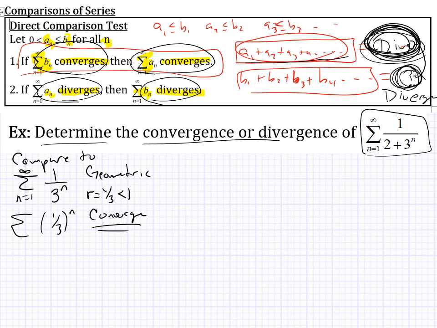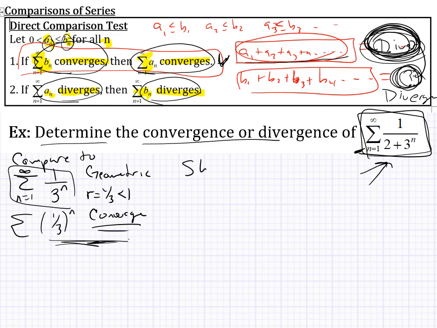Okay. So if I'm trying to compare this to something that I already know converges, I have to show that this is smaller than this one, so that I can use this here. If b sub n converges, which we just found out, so let's call this one b sub n, then if I can show that a sub n is smaller than b sub n, then I can show that this one's also going to converge.